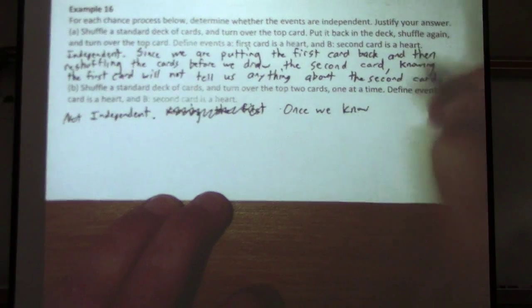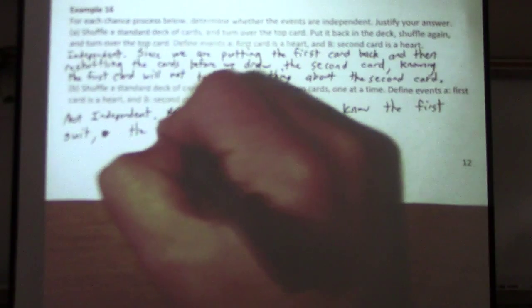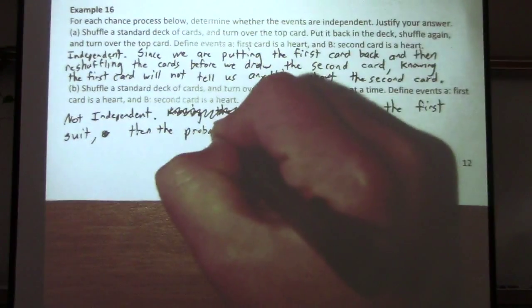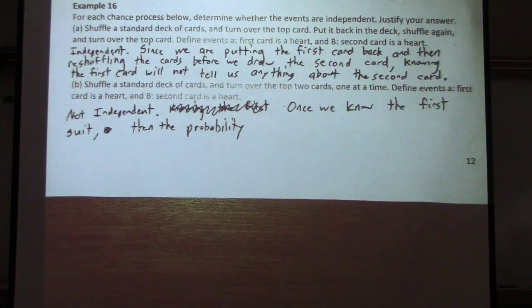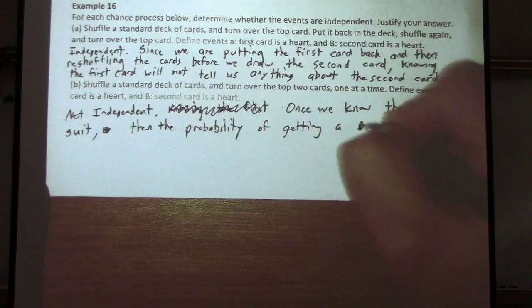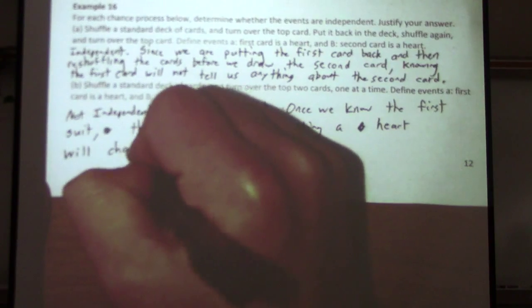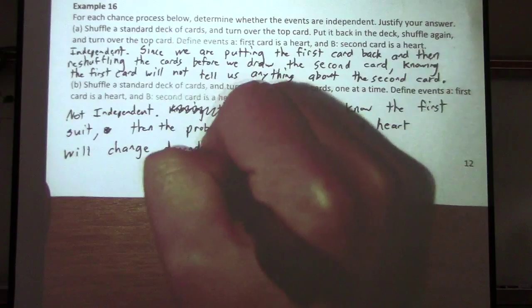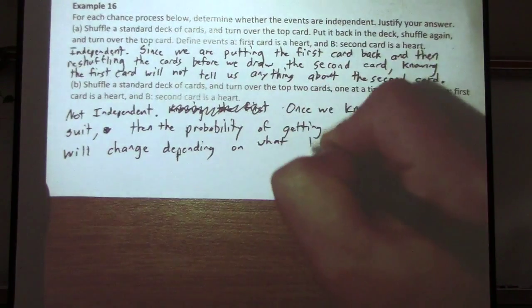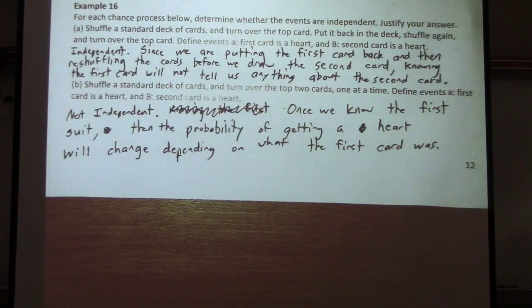Once we know the first card suit, then the probability of getting a heart for the second card will slightly depend on what the first card was.